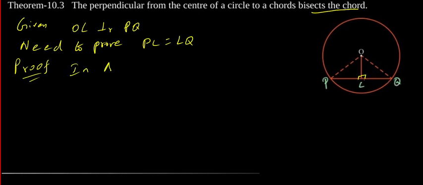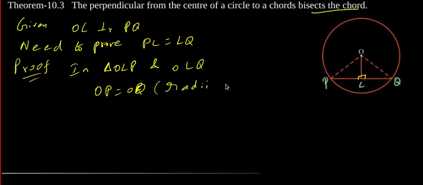In triangles OLP and OLQ, OP equal to OQ because they are radii. All radii are equal.